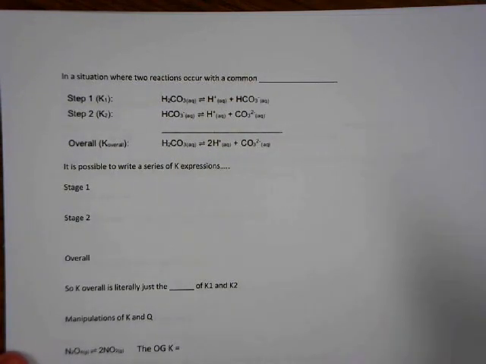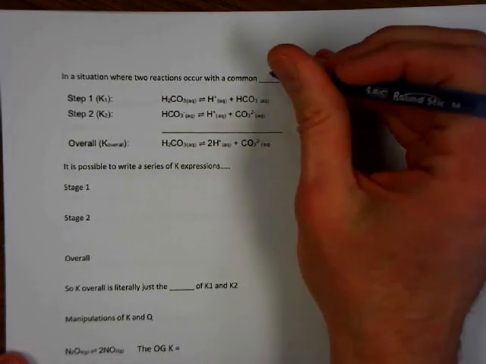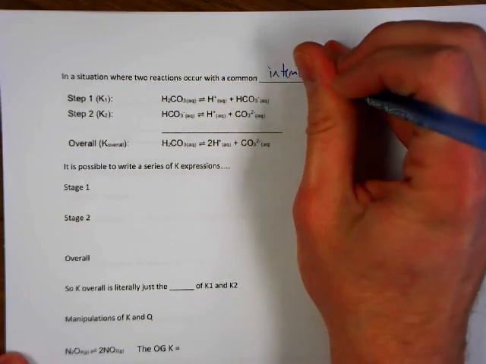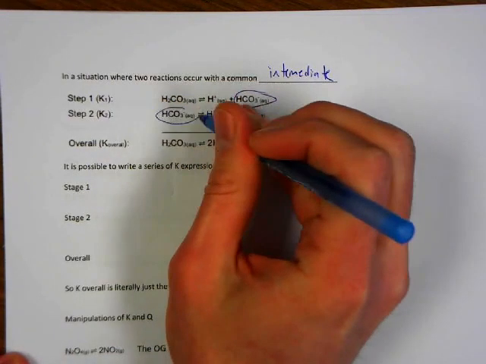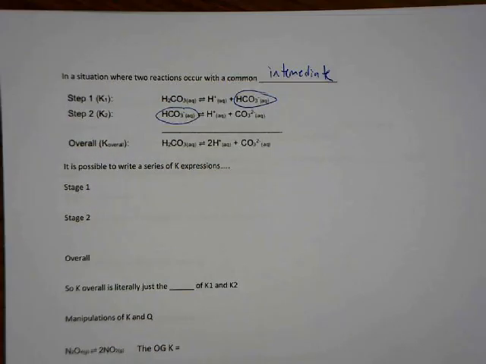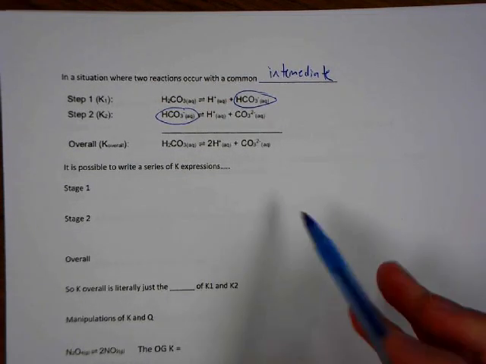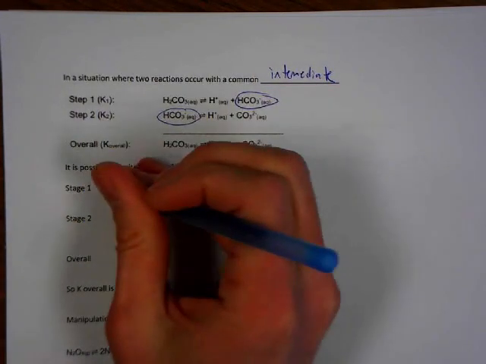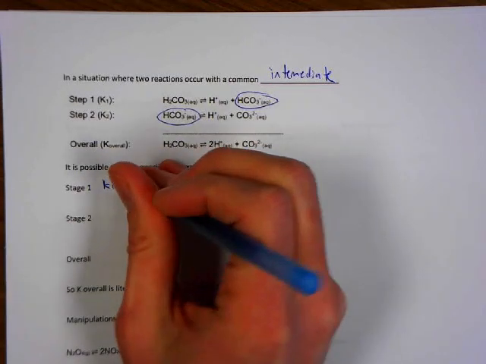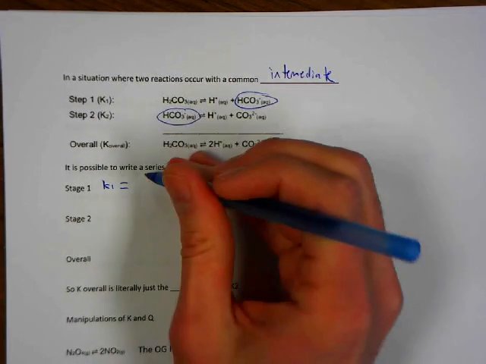In a situation where two reactions occur with a common, what do we have here? A common intermediate. Think back to last chapter. You would agree that there's a common intermediate, something that's formed and gone that also has a very low concentration, H2CO3. It's possible to actually write a series of K expressions.